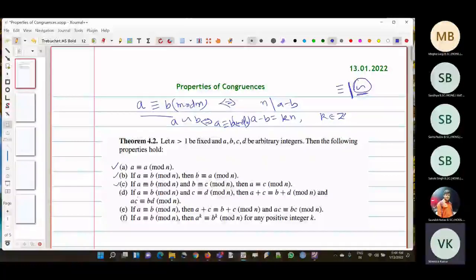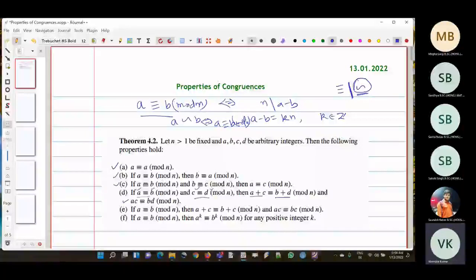And then part D says that if A is congruent to B and C is congruent to D, then we can add them side by side. That is, we can add A and C, and B and D. So A plus C is congruent to B plus D modulo n. Another implication is that we can multiply them too.